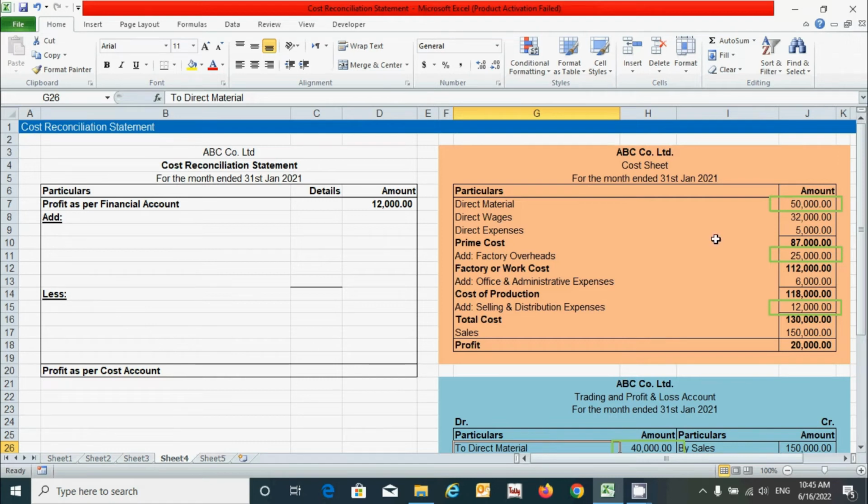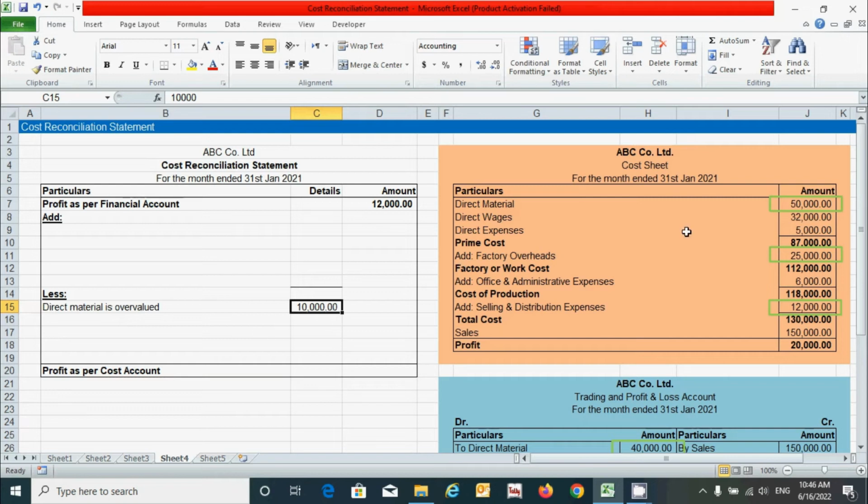So based on this account, this value is showing over value by 10,000 rupees than this one, which is the cost or expenses or loss for this account. So it should be put under the less section. So click here and write the statement direct material is overvalued, and now press the tab and put the value of 10,000 rupees. Here we have to put the differential amount.